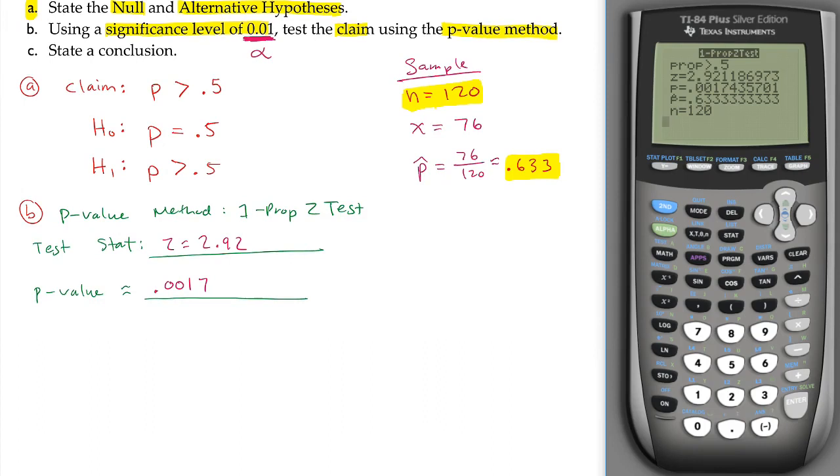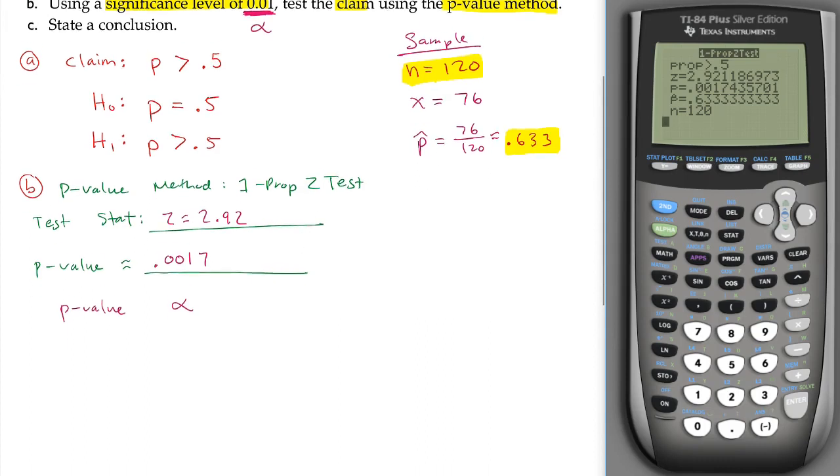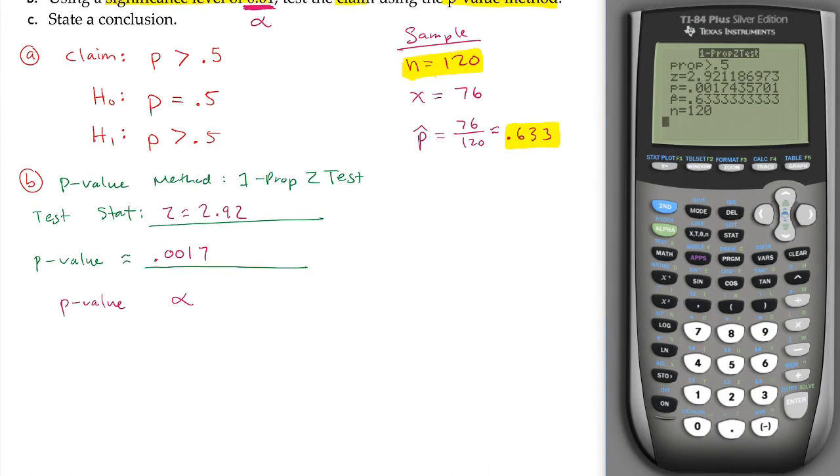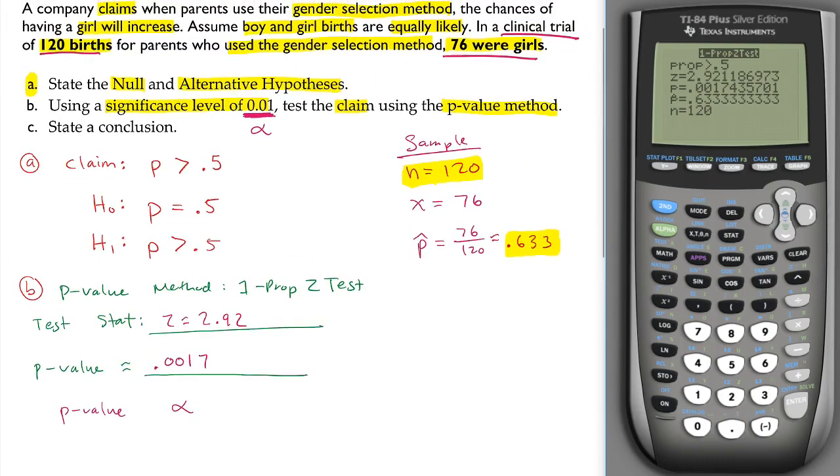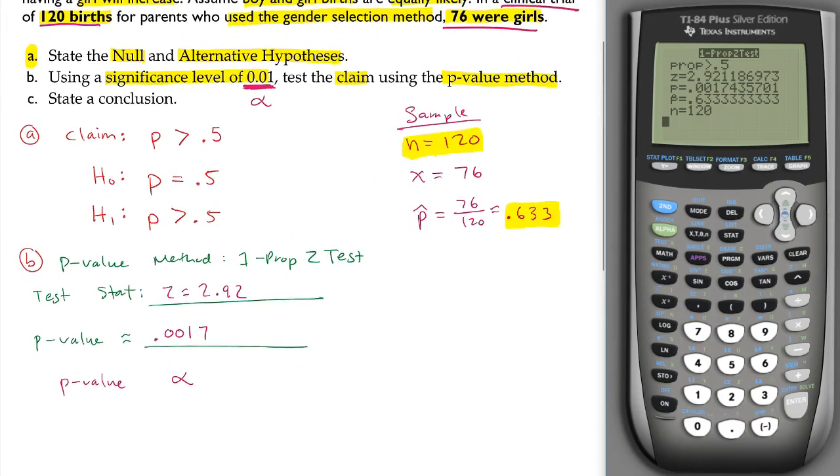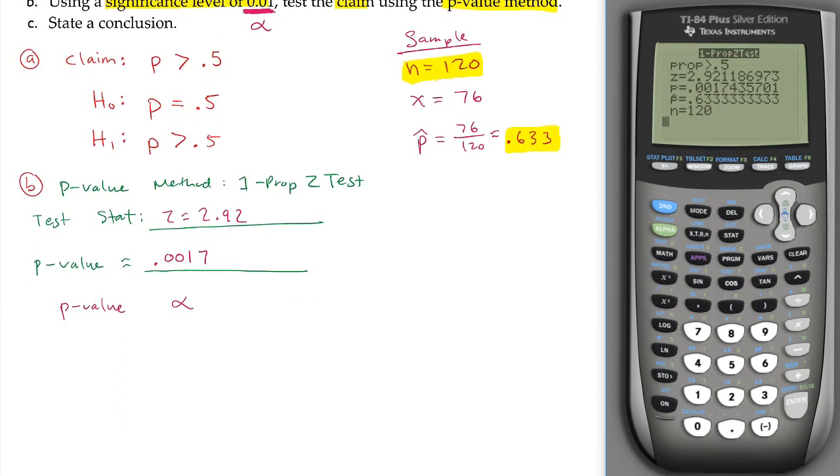So what we do is we compare the p-value to alpha, the significance level. When the p-value is so low, lower than the significance level, we say that this result didn't happen by random chance. Something's going on, and in this case it's probably the gender selection method that's causing this increase in the proportion of girls.